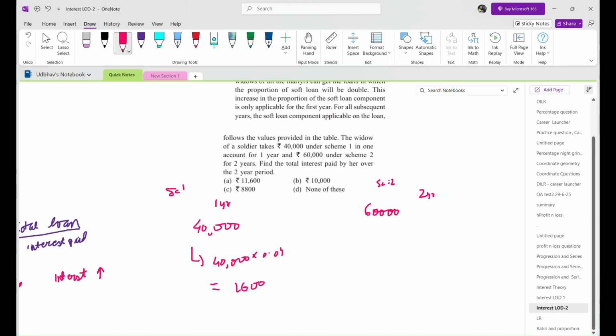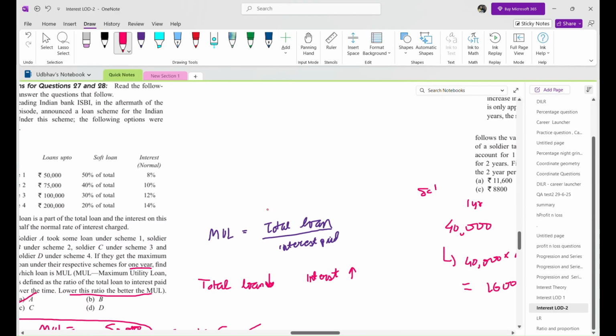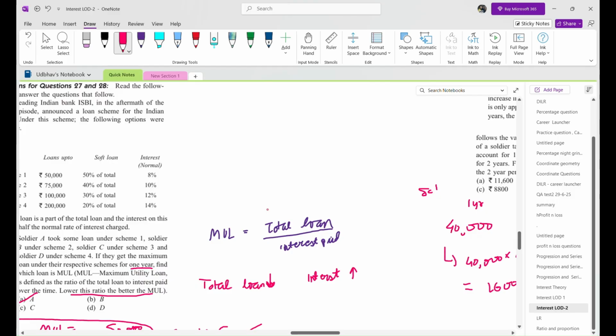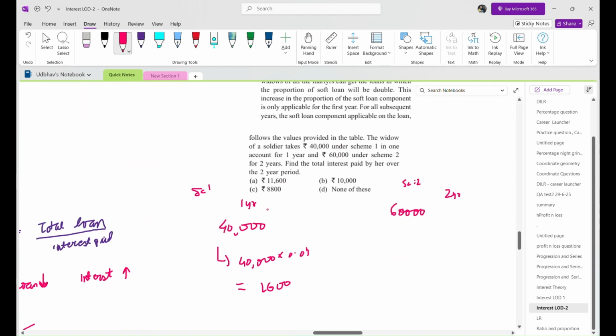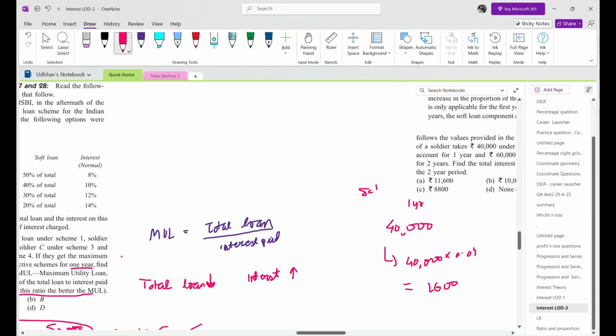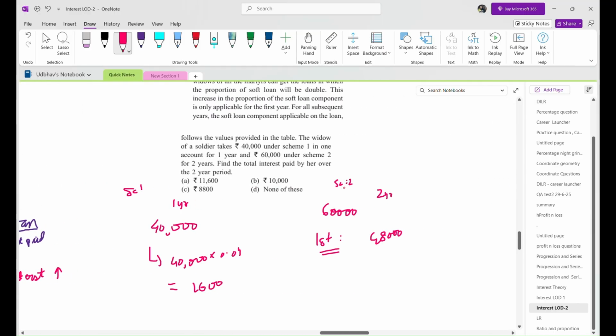But this 60,000 is under scheme 2. So the soft loan component is 40% of total. But for the first year, it will be doubled, so 80%. So I write first year. 80% of 60,000 is 48,000. On 48,000, she'll give an interest of 5% because it is 10%.